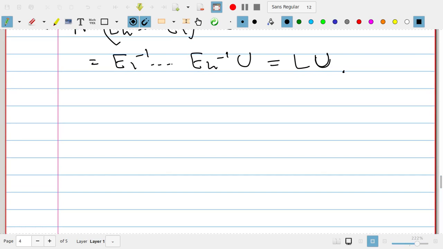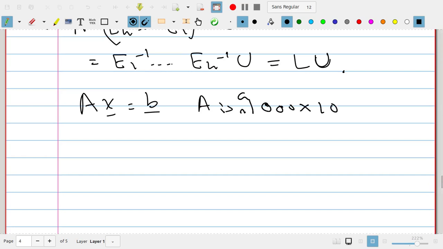So you might encounter an equation that looks like this: AX equals some vector V, where A could be a 1000 by 1000 matrix.